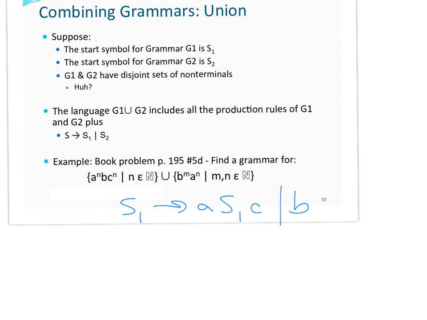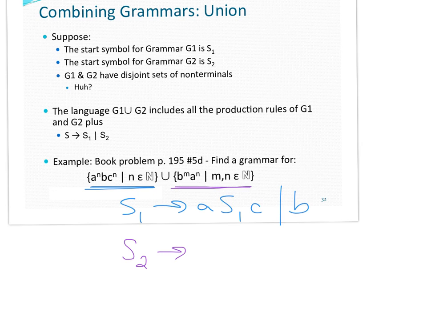So maybe we'll have our second grammar be, I'll do that in a different color. So let me underline this piece, and we'll underline this piece in blue, so you know that was the first grammar, and we'll say S2 goes to, let's see, a bunch of b's and then a bunch of a's.